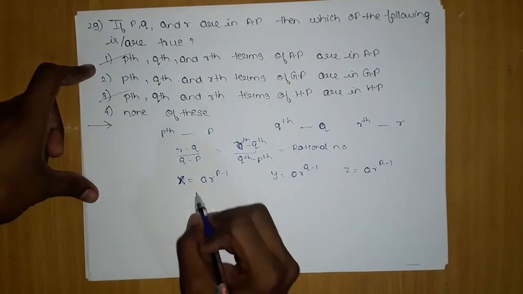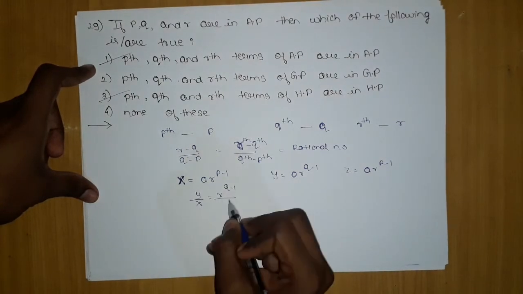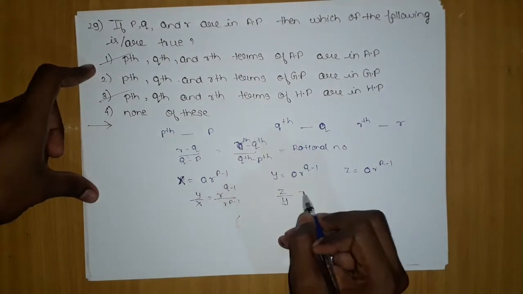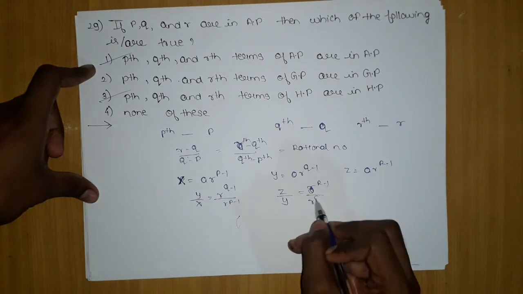Now if I do y upon x, it will be r power q minus 1 upon r power p minus 1, and z upon y will be r power r minus 1 upon r power q minus 1.